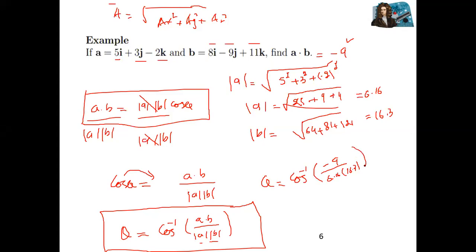So first of all, multiply 6.16 with 16.3. Cosine inverse equal to minus 9 divided by, when you multiply these two, it's 100.408.